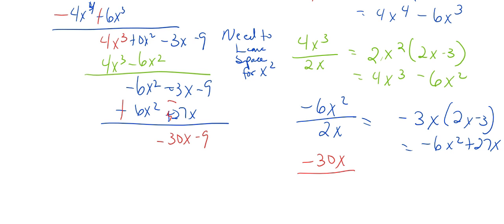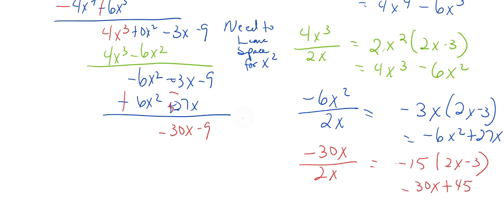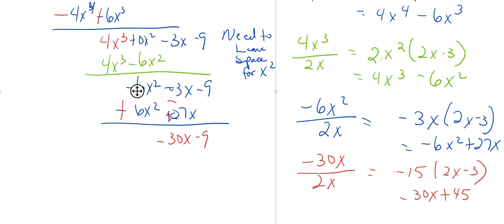Negative 30x divided by 2x is going to give us a negative 15. And we're going to multiply that by 2x minus 3. Going to give us negative 30x, and we're going to get positive 45. So let's write those down. Just a minute. 30x plus 45.